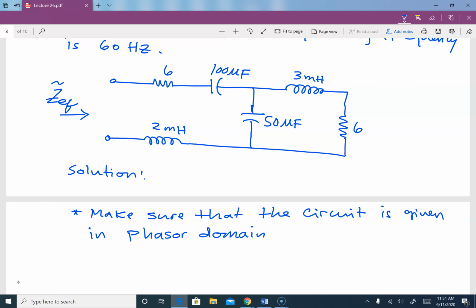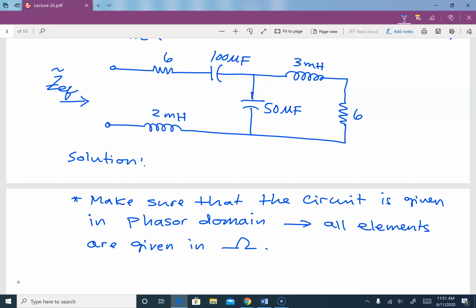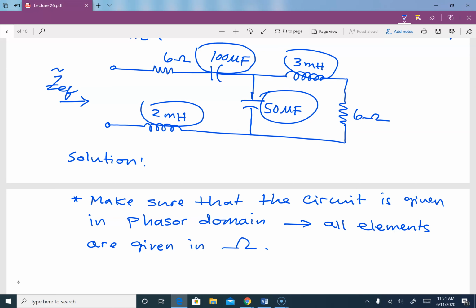What we mean by that is, in phasor domain, all elements are given in ohm. So if we look at our circuit here, we have 100 microfarad, 2 millihenry, 3 millihenry, 50 microfarad. And of course the resistance is given in ohm. So now if you look at that, these are not given in ohm.